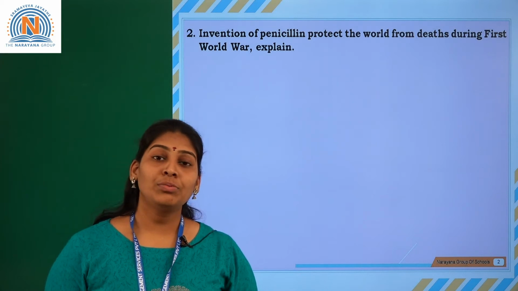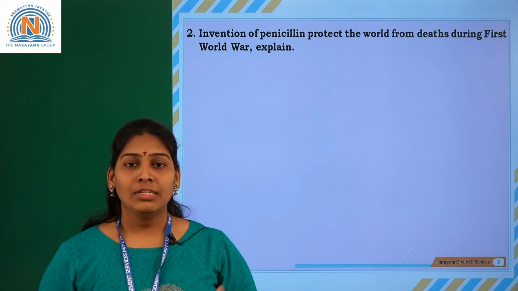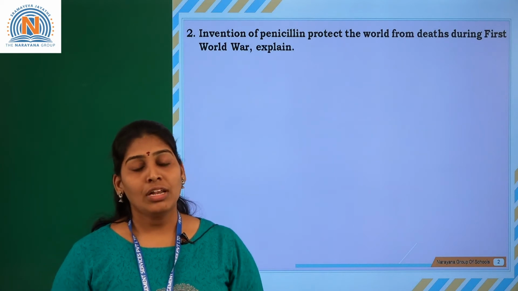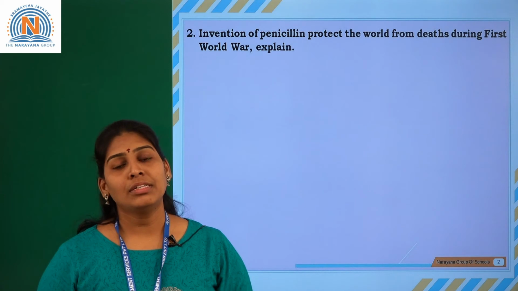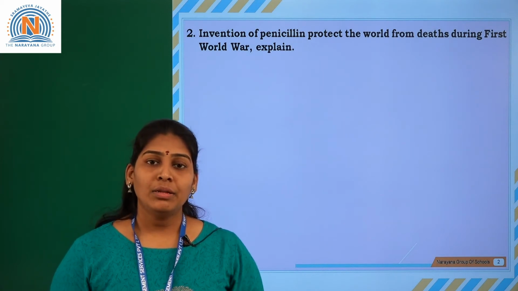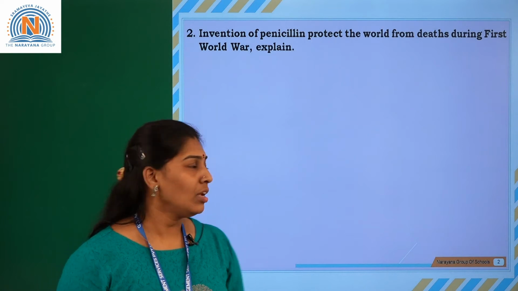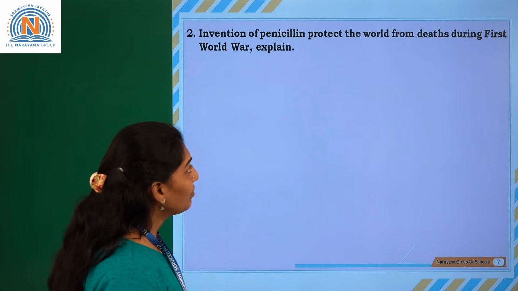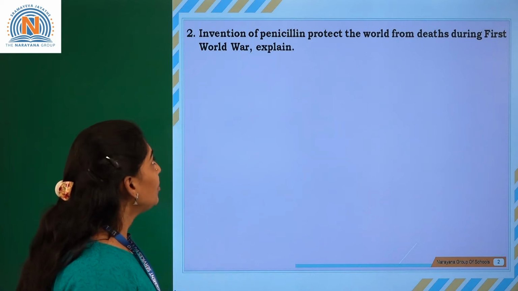So many soldiers were protected from these bacterial infections. That way he discovered one of the famous antibiotics, penicillin. So that is how the invention of penicillin protected the world from deaths during the First World War.